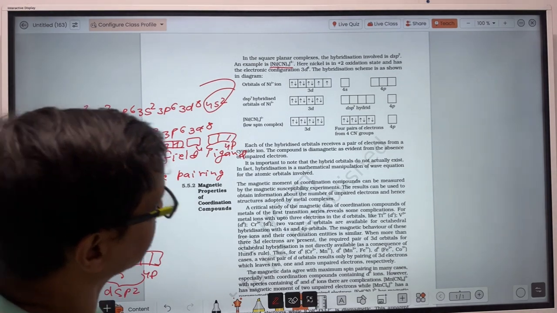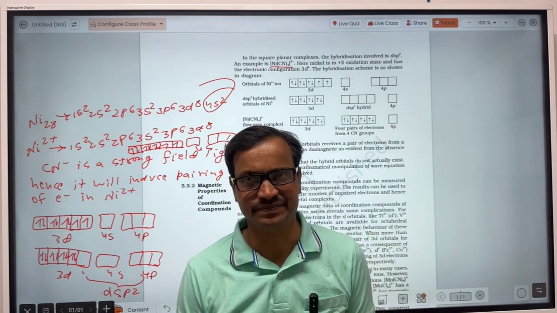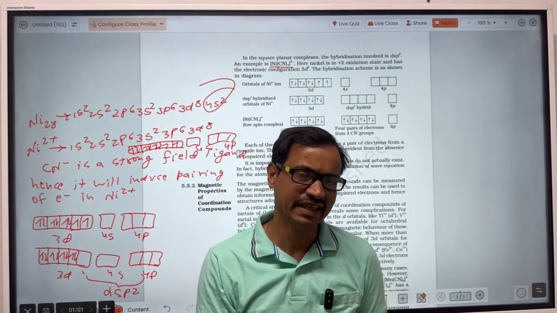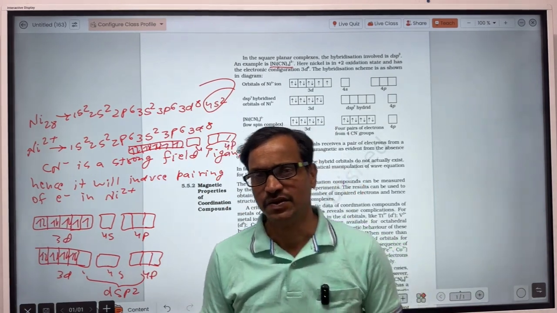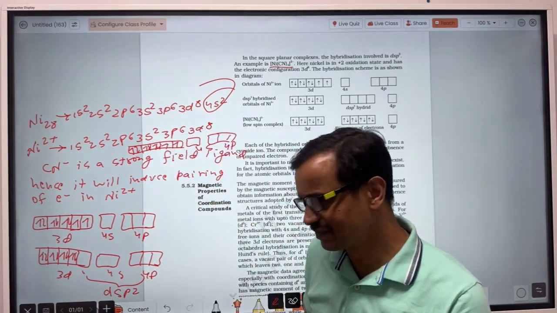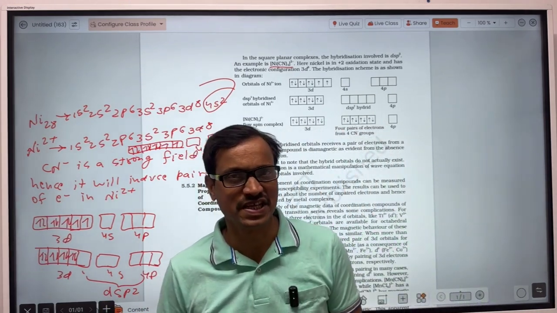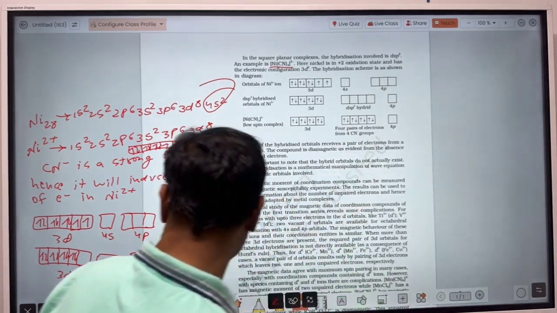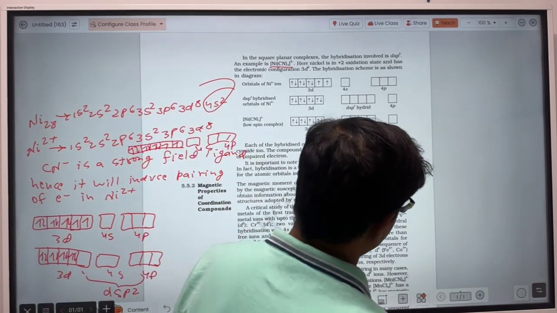When the hybridization is dsp2, the shape will be square planar. When the hybridization is sp3, the shape will be tetrahedral. But when the hybridization is dsp2, the shape will be square planar.